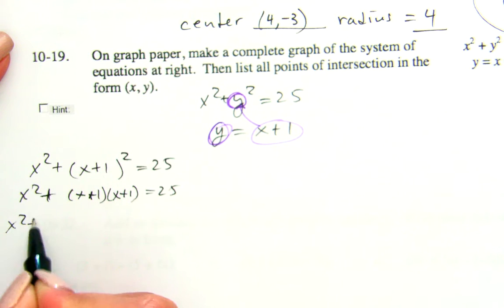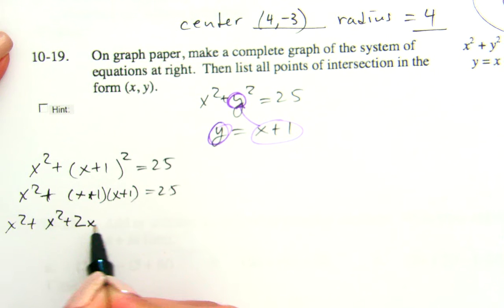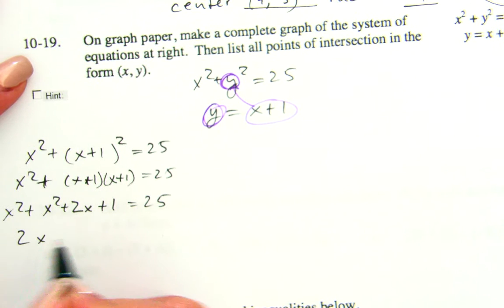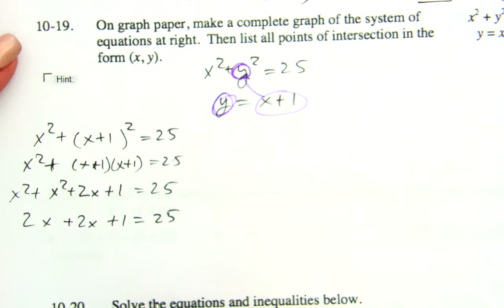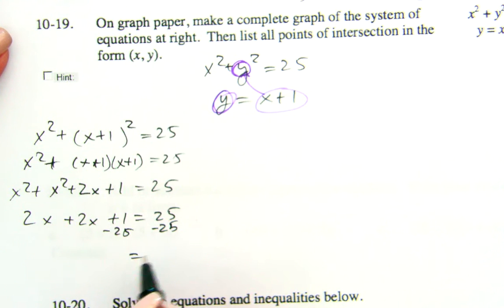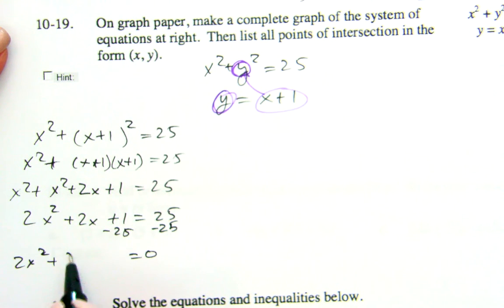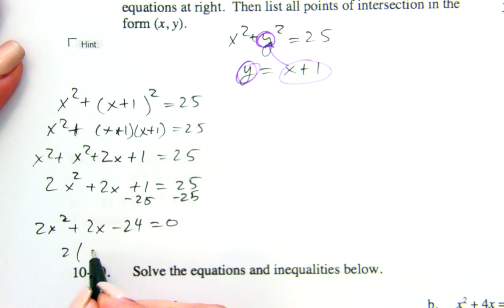So x squared plus, what is this, x squared plus 2x plus 1 equals 25. It's not equal to 0, so I'm going to subtract 25 from both sides because I want to solve this quadratic. Oops, I forgot the x squared. Plus 2x minus 24 actually equals 0. And look, hey, everything has a 2 in common, so I'm going to take out a 2 because that would make my life probably a lot easier.